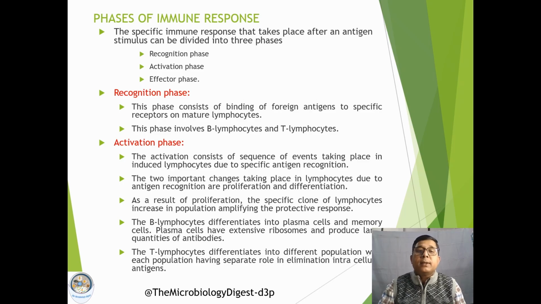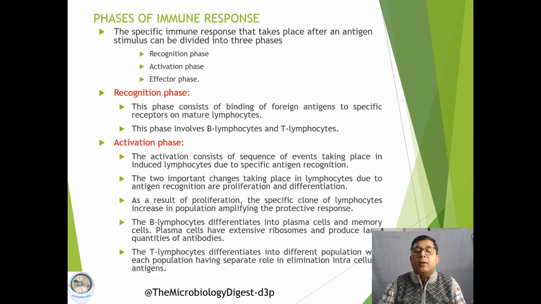In the recognition phase, there is binding of the foreign antigens to the specific receptors on the lymphocytes. Then the next phase is the activation phase, which starts once this binding of the foreign antigens to the receptors is complete.